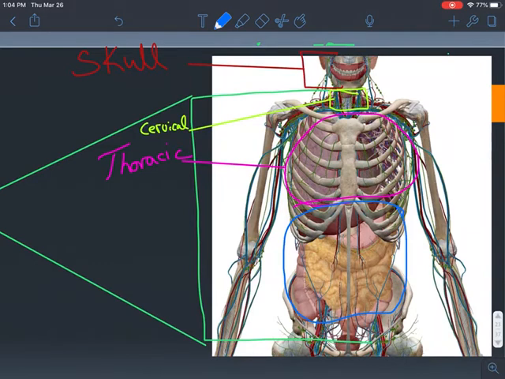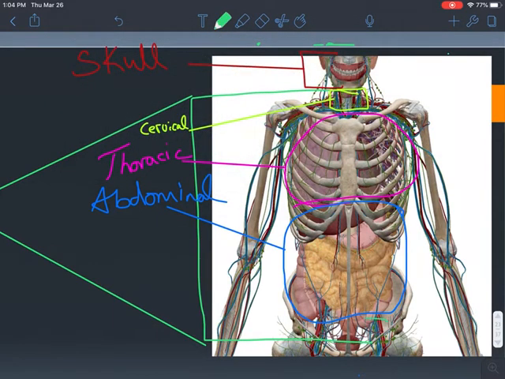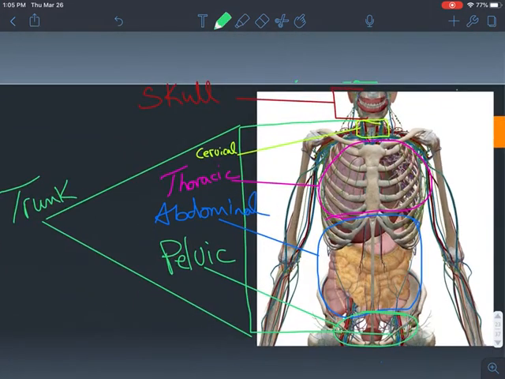There we go. Abdominal. And then the last region, the most inferior region, is your pelvic region. Okay, cervical, thoracic, abdominal, and pelvic. All right, so these are the regions.